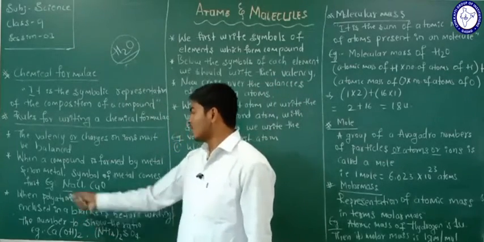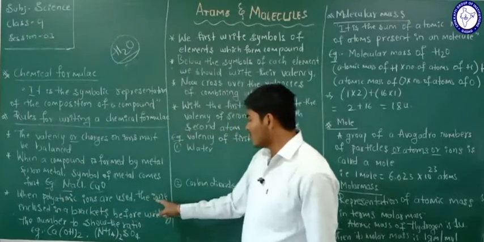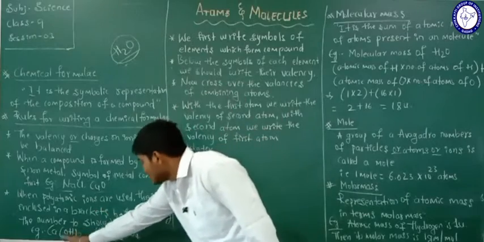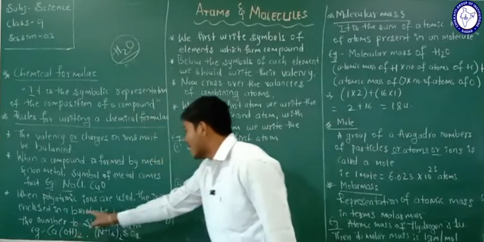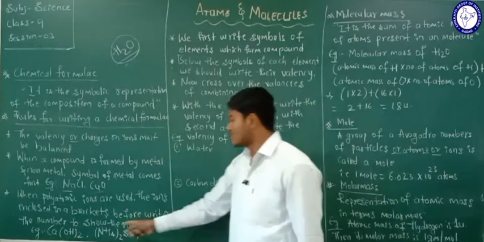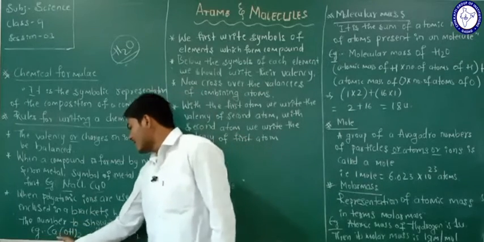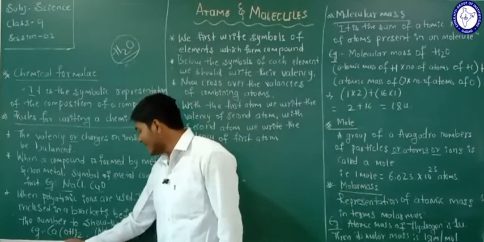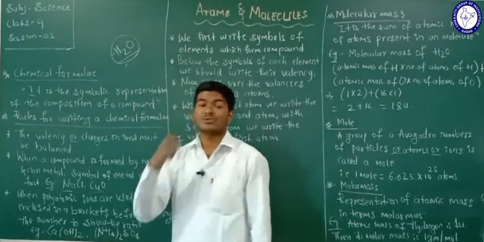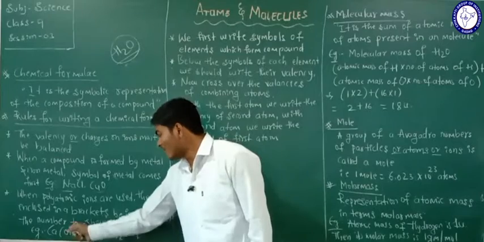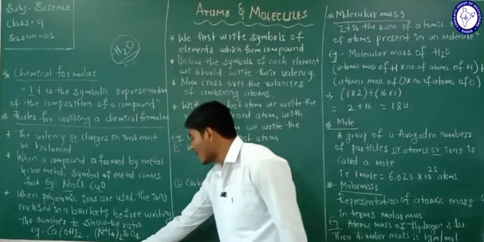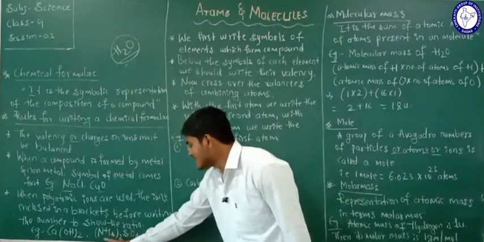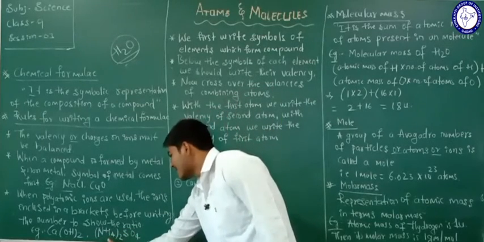So that is the third rule: when polyatomic ions are used, the ions are enclosed in brackets, and the number showing the ratio comes after. For example, I am taking the hydroxide ion, a polyatomic ion; we should write it in a bracket and mention the ratio afterwards. Another example I am taking here is (NH4)2SO4. NH4, the ammonium ion, is a polyatomic ion.